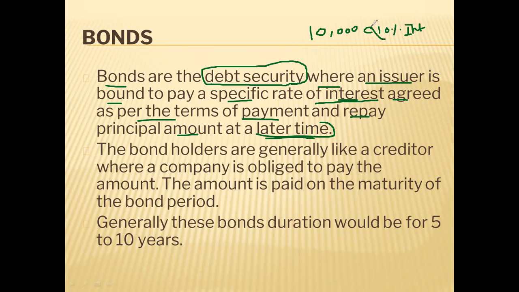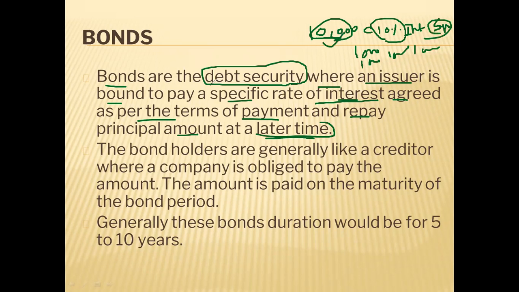Every year you will get 10% interest on this 10,000 rupees, which will be 1,000 rupees every year. Suppose you have made the investment for 5 years, you will get interest of 1,000 every year, and at the end of the fifth year you will get this 10,000 back also.